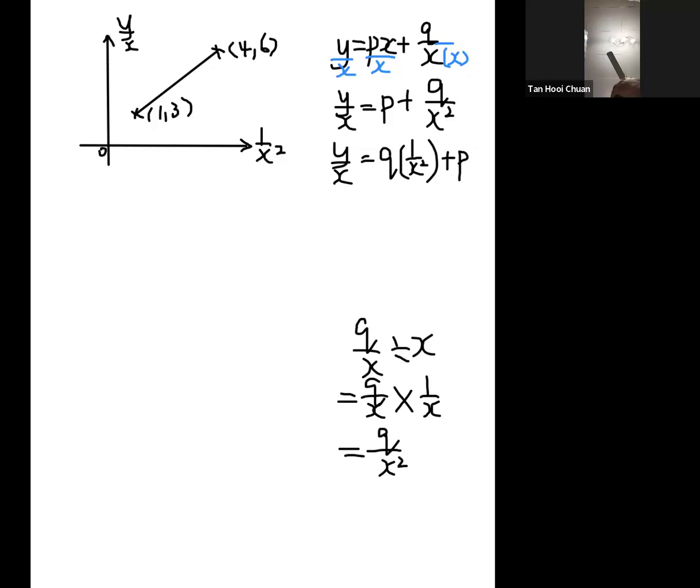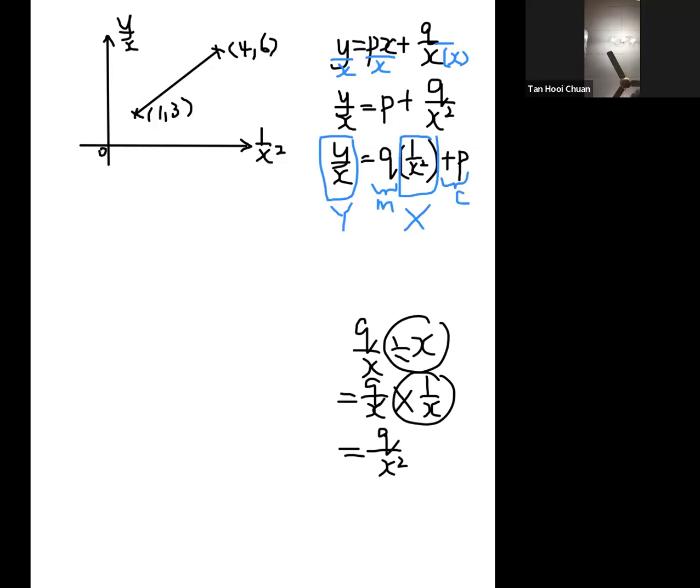Okay? So divide by x, this one at the bottom, we change divide to times, so it's 1 over x. So it's q over x squared. The same as you divide like this. Here's y, here x. Tell you frankly, even though your friends get very good results in Maths, they also don't have a good basic for primary school and so on.